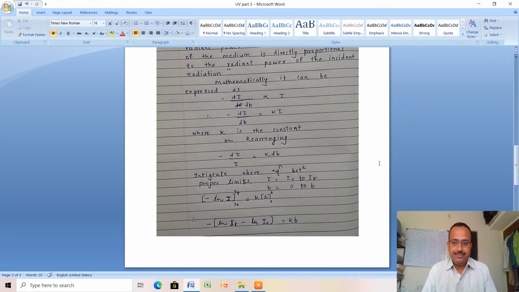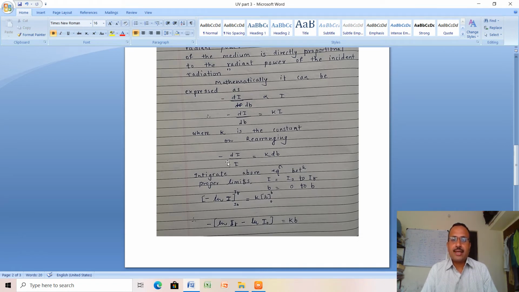The limits for I are I0 to It, where I0 is the intensity of incident light and It is the intensity of transmitted light. And b goes from 0 to b, so the lower limit of b is 0 and the higher limit of b is b.